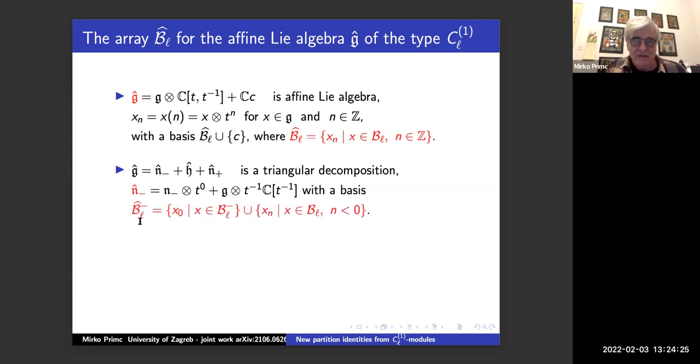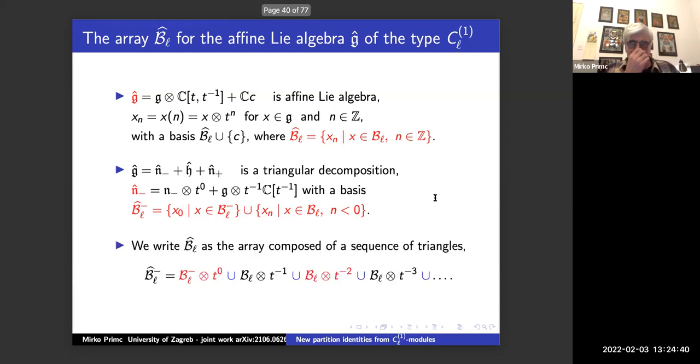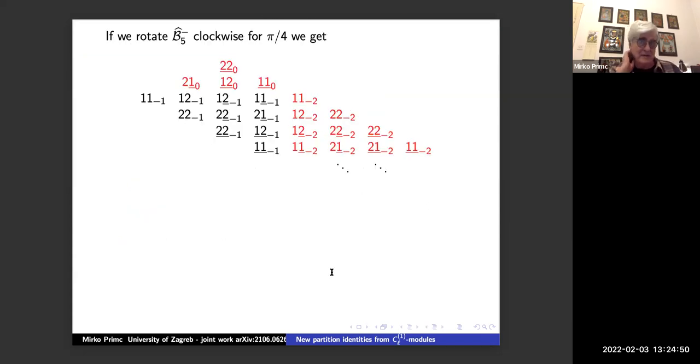And then we have this part of the basis BL negative, which starts with this x naught for x in finite dimensional BL minus, and then all the rest. And we shall write this as the array composed of a sequence of triangles. So this will be an array. It will look like this if we turn it around. So these are black.